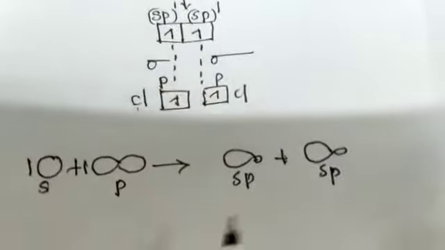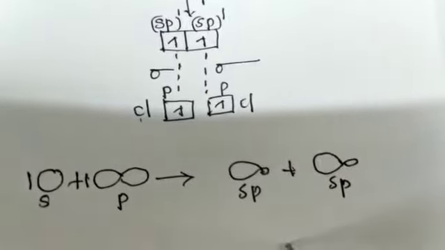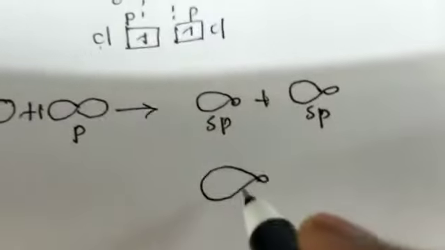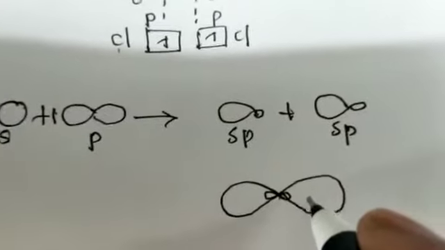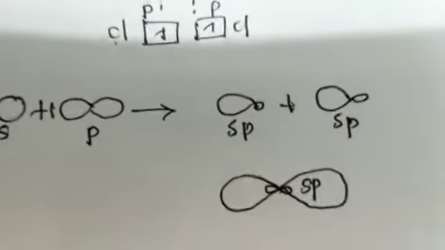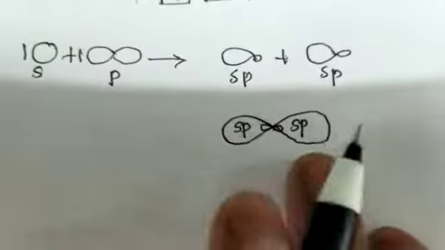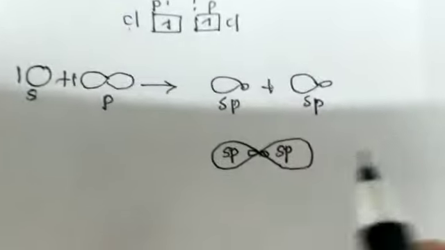If 2 sp hybridized orbitals are formed, they arrange like this: one sp hybridized orbital and another sp hybridized orbital. Both hybridized orbitals have the same energy and identical shapes.